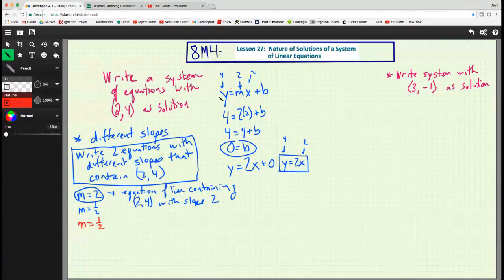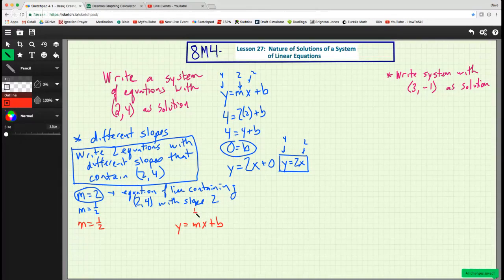So I have to find an equation of a line, y equals mx plus b, with the slope of 1/2. x and y have to be 2 and 4, because those are my solutions. So I say 4 equals 1/2 times 2 plus b. 4 equals 1 plus b, so b equals 3. So in this equation, I get y equals 1/2, that's my slope, x plus 3.